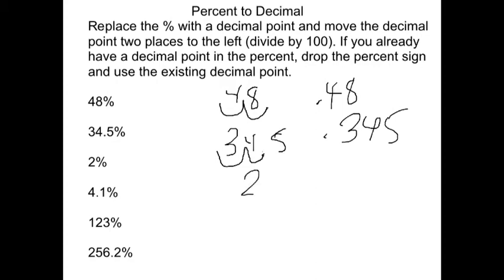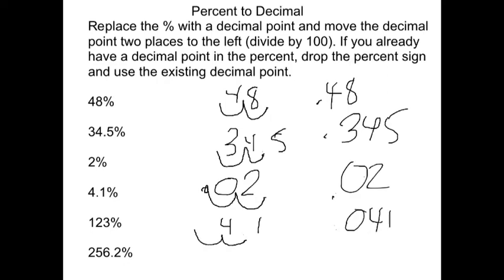Drop the percent sign, put a decimal point, move it 2 places. I got an empty space, I put a 0. 0.02. 4.1%. I already have a decimal in the percent. Move it 2 places. Fill it with a 0. 0.041.